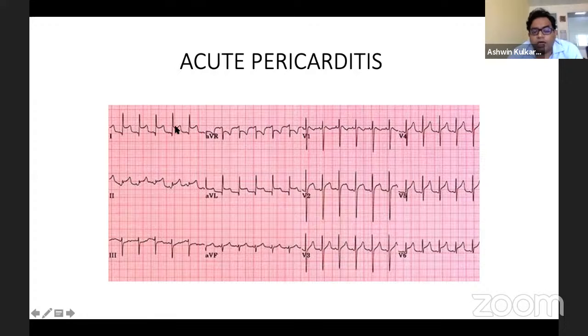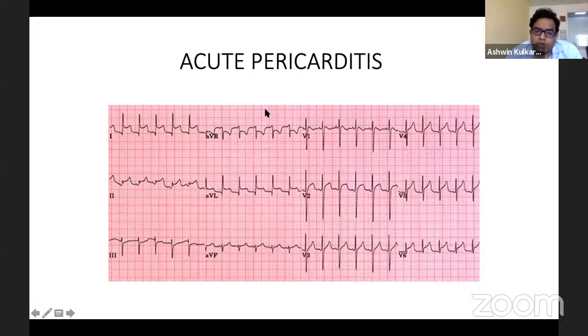Generally, these are not very suggestive of infarction, whereas the frowning ST segments are most significant for ischemia. So widespread ST segment elevations where there is concavity upwards is most important.